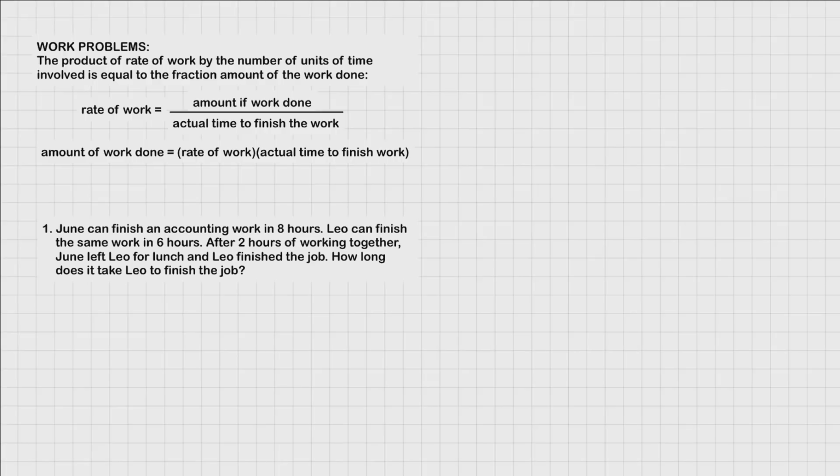So the guiding principle in work problems is the fact that the product of the rate of work by the number of units of time involved is equal to the fractional amount of the work done. That is, the rate of work would be equal to the amount of work done divided by the actual time to finish the work, or the amount of work done equals the rate of work multiplied by the actual time to finish the work. Often the problem involves 2 or more workers.